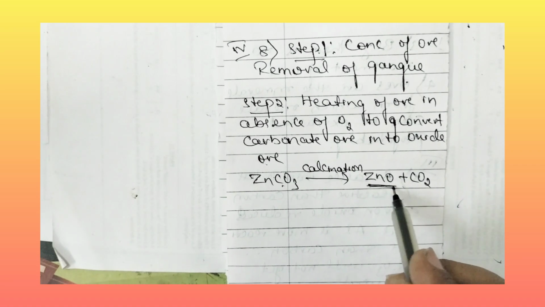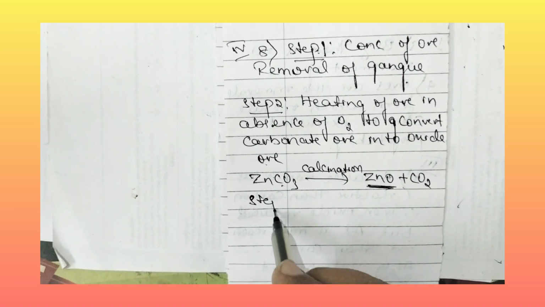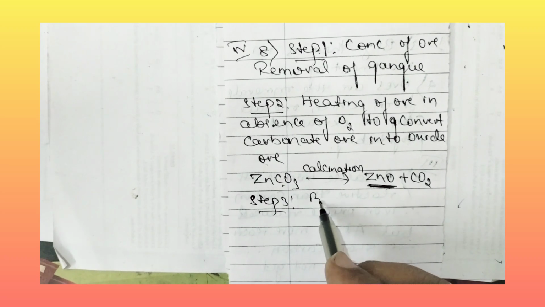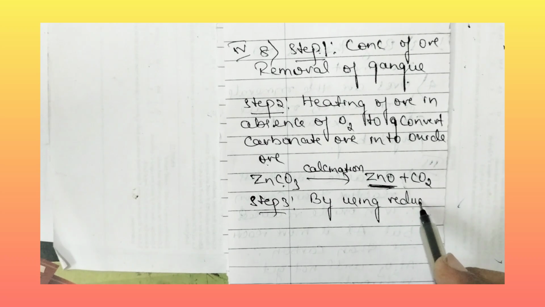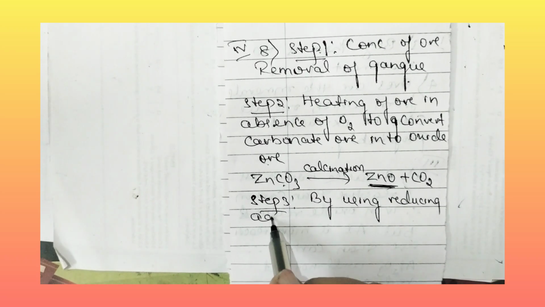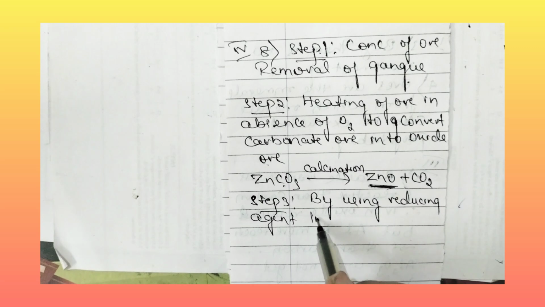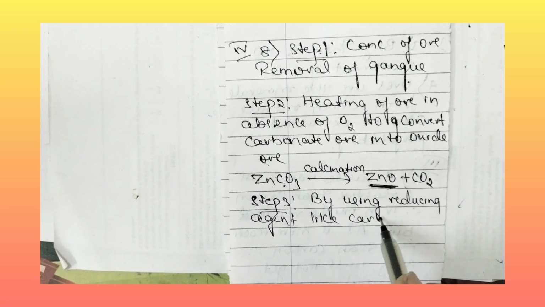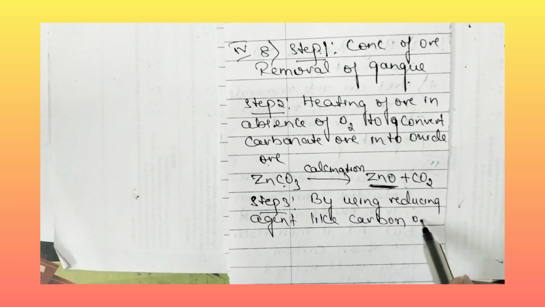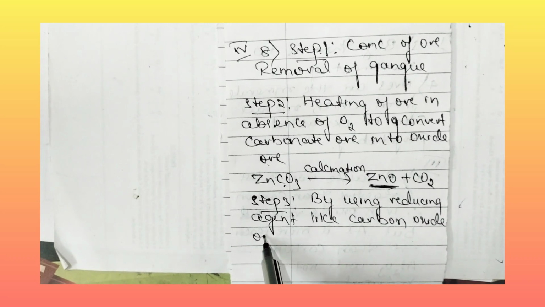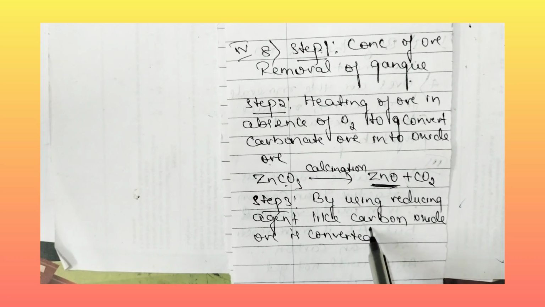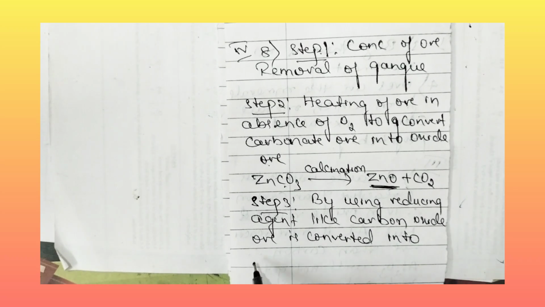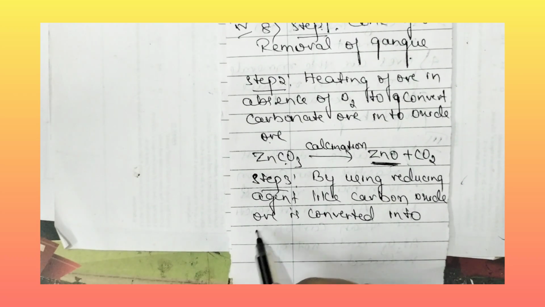Carbonate ore is converted into oxide ore. Then step number 3: by using a reducing agent like carbon, the oxide ore is converted into crude metal, which is not 100% pure.